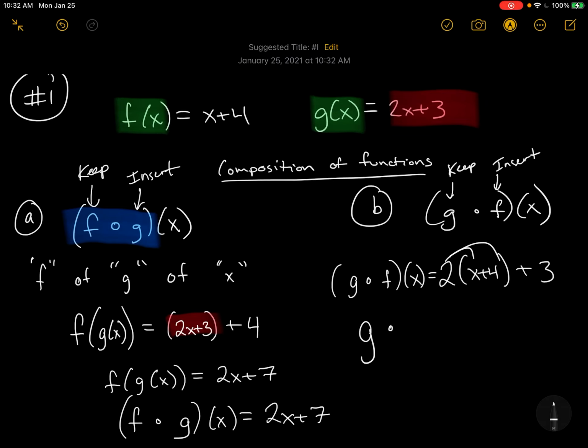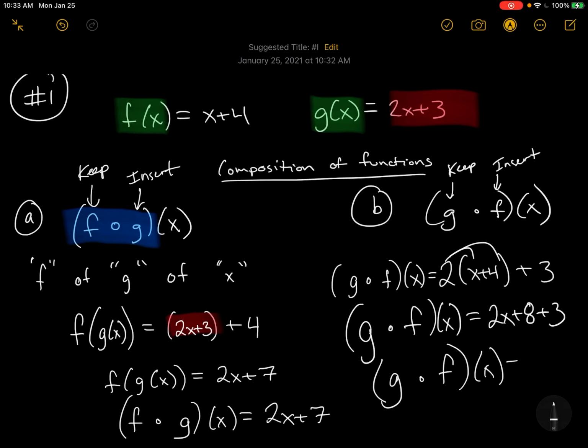So g of f of x equals 2x plus 8 plus 3, and then last step, like terms together. g of f of x equals 2x plus 11.